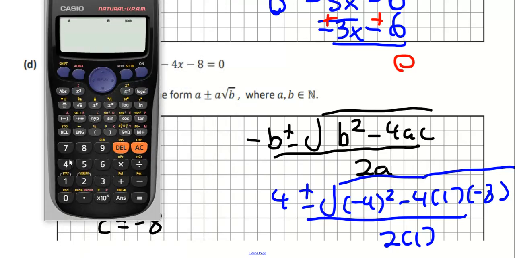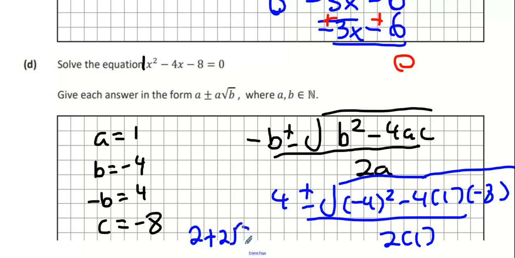Now, 4 plus or minus 4 squared is 4 times 1 times minus 8. All over 2 times what? 1. First answer, 2 plus 2 root 3.